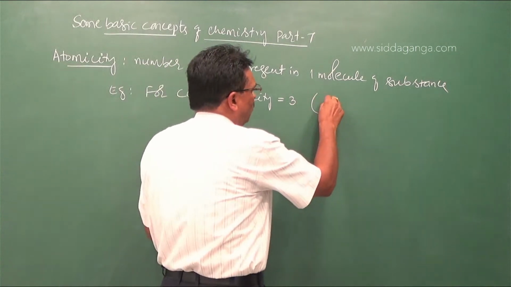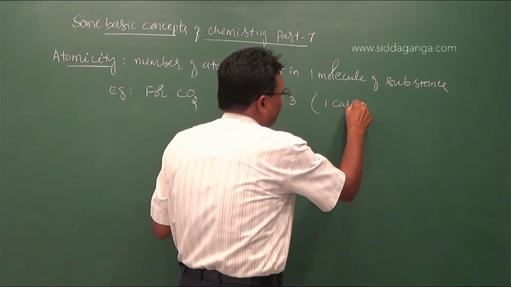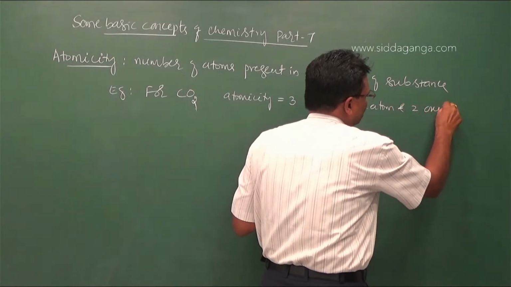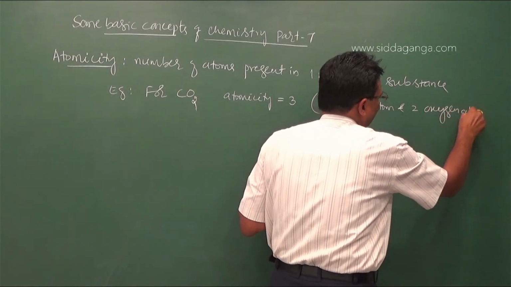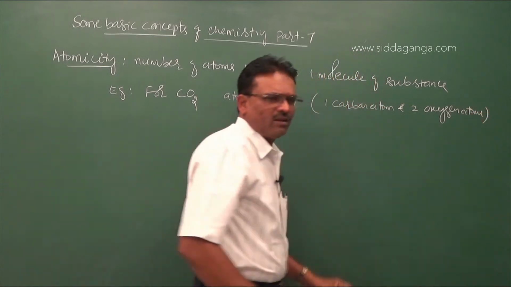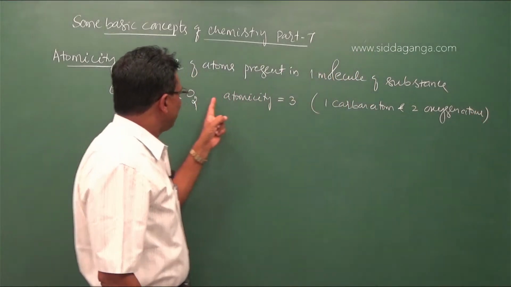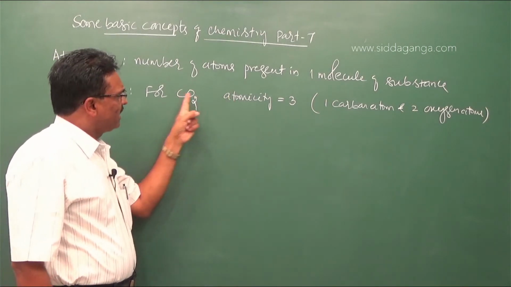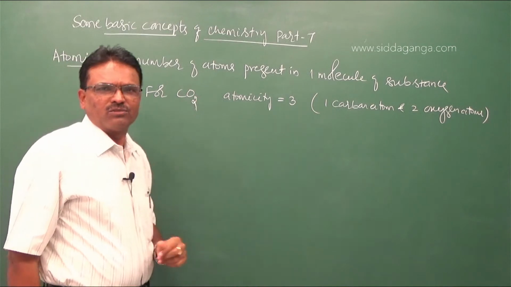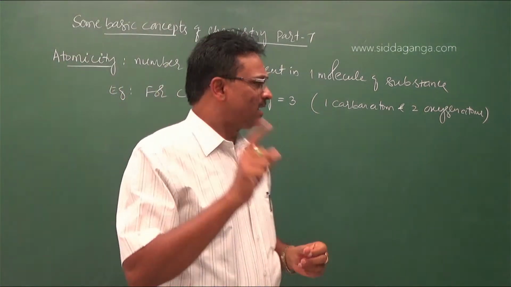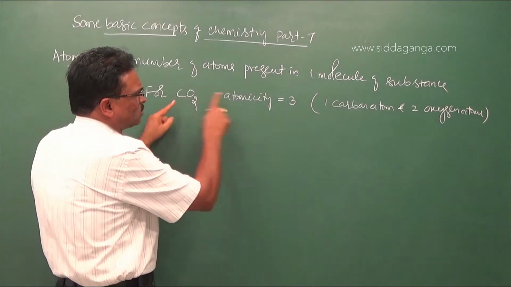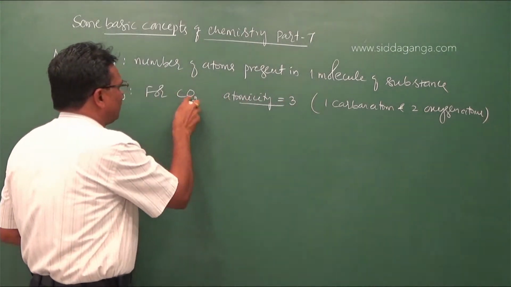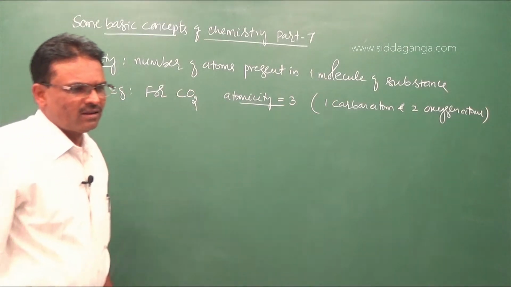Clear? One molecule of carbon dioxide is made up of one carbon atom and two oxygen atoms. So one molecule of CO2 contains totally 3 atoms. Hence atomicity of carbon dioxide is 3. Clear?